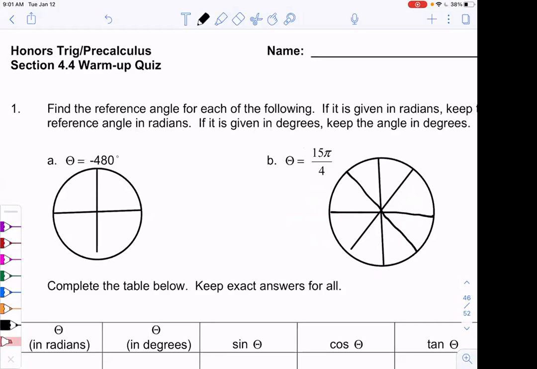This is a nice little review of sketching bigger angles as well. That angle is definitely larger than 360 or 2 pi. It's a nice review of sketching an angle or finding its location, and which quadrant it lies in.